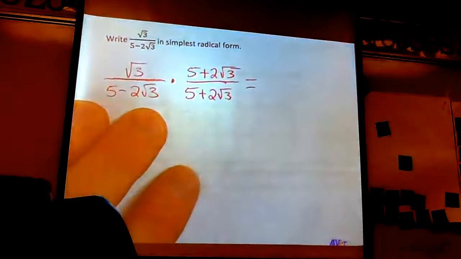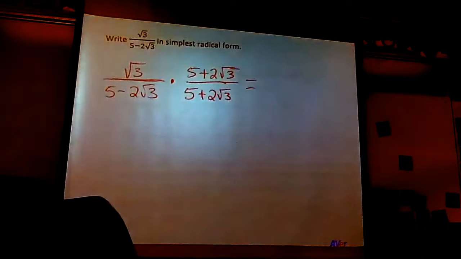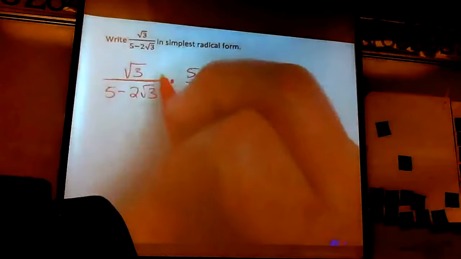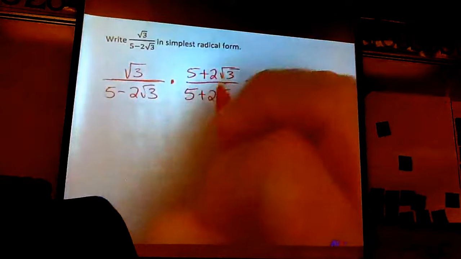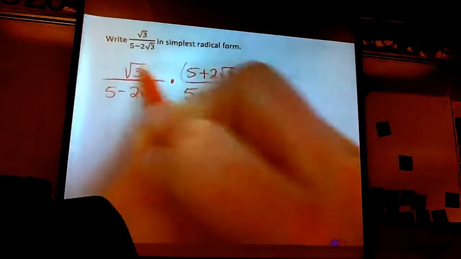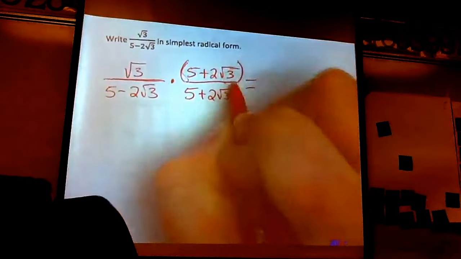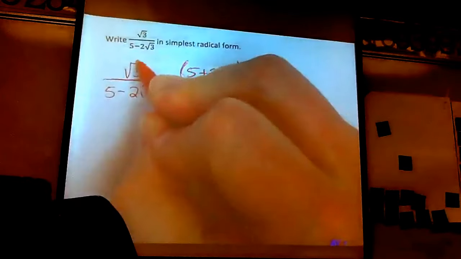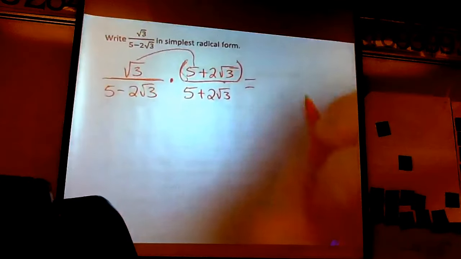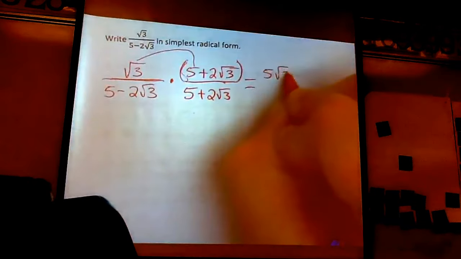And let's watch what happens when we multiply it out. On top, we have to do the distributive property. You can put parentheses there if it makes you feel better. Square root of 3 times 5, 5 square root of 3.